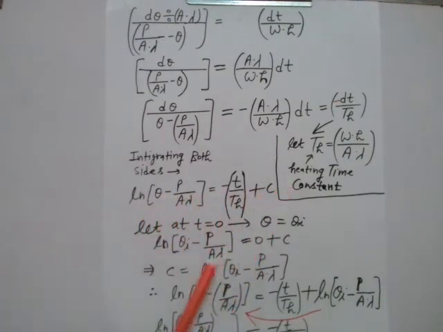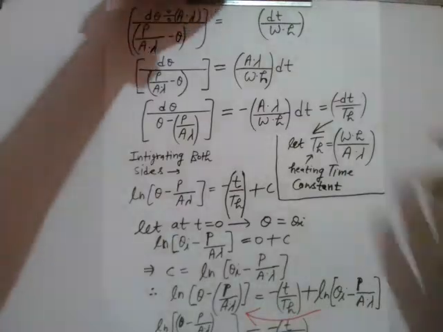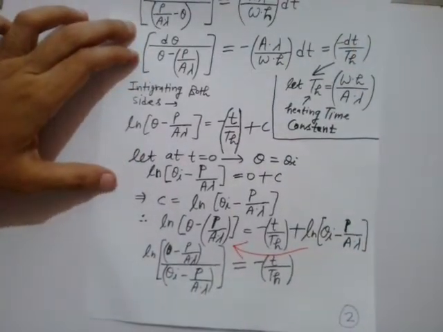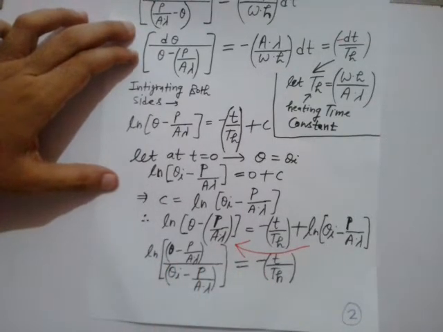You will get ln of (theta minus p by a lambda) is equal to minus t by tau h plus ln (theta I minus p by a lambda), right? Take this term into the left hand side. You will get ln of (theta minus p by a lambda) divided by (theta I minus p by a lambda) is equal to minus t by tau h, right? You will get this equation.